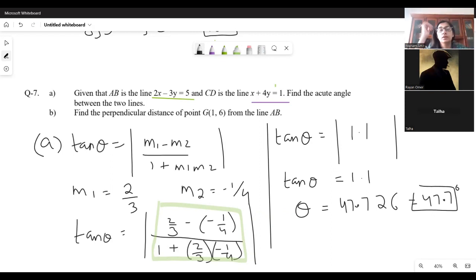Okay. Next part is to find the perpendicular distance from point G to the line AB.